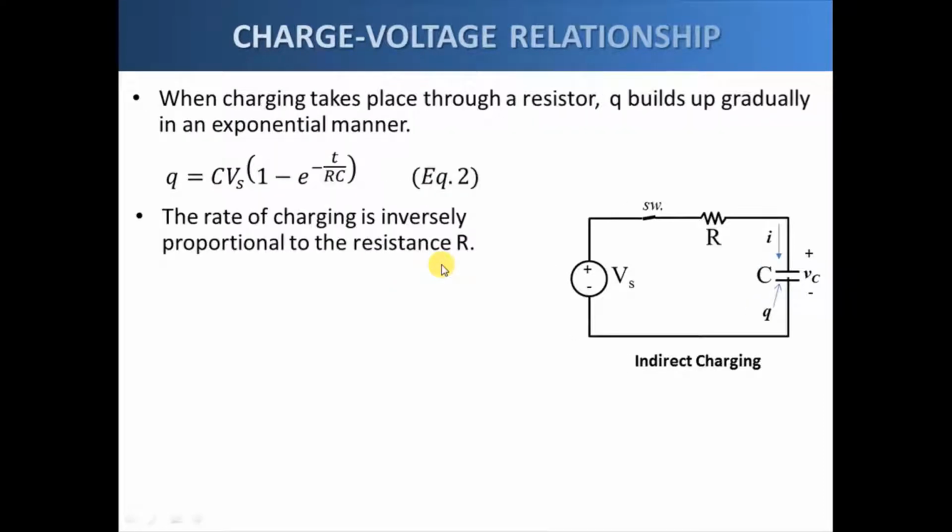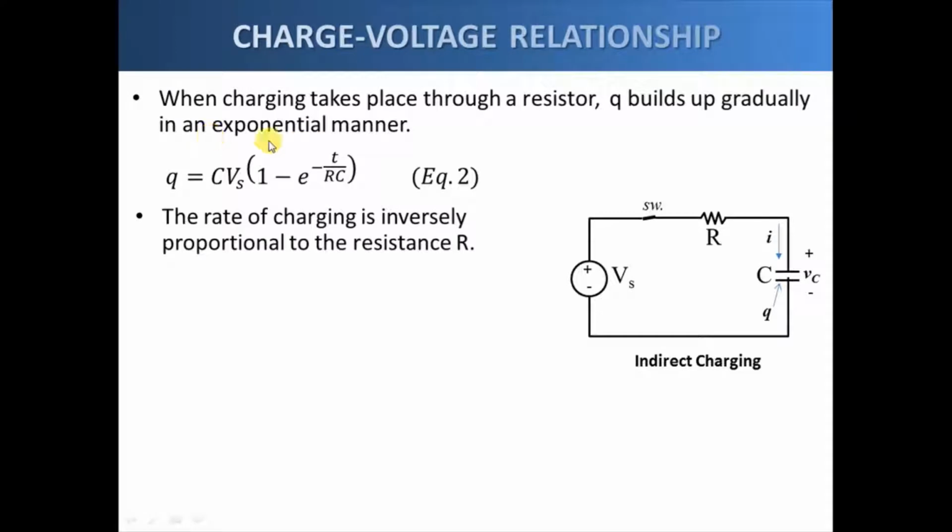Now let's say we charge the capacitor via a resistance. So let's say we have a series RC circuit, and this circuit is connected to a voltage source V sub S. Now when we do this, the capacitor will still charge, but this time in a gradual manner.